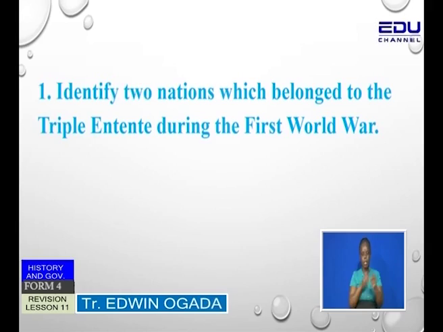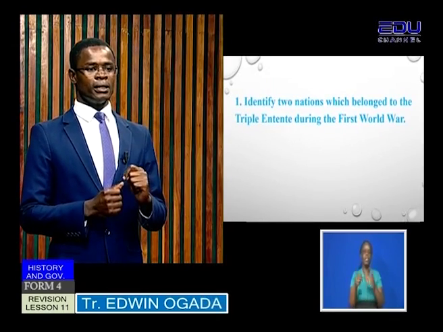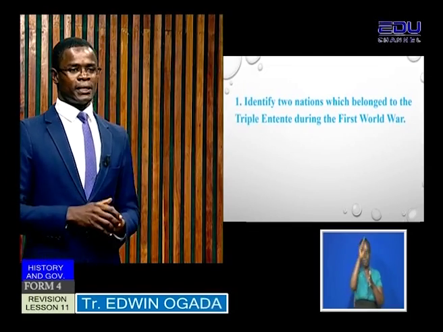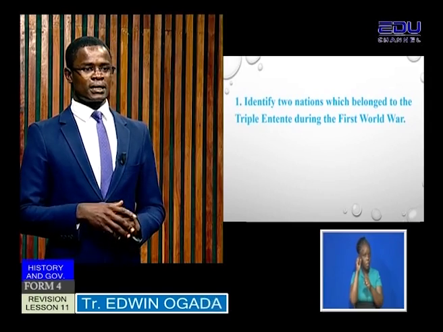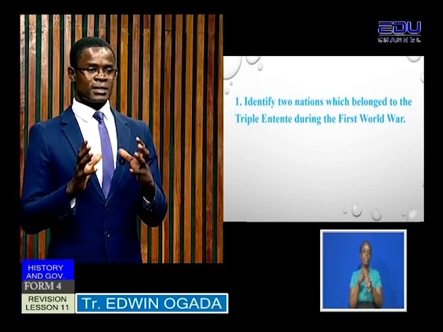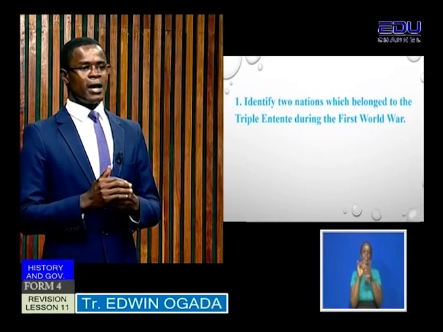Remember, dear learner, that as you embark on answering any history question in an examination, it is important that you underscore key words, because it is out of understanding of those keywords that you'll be able to give a relevant answer, and you'll be able to avoid any chances of being irrelevant in your response.